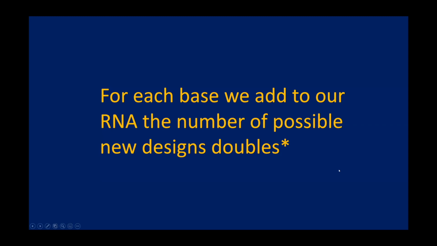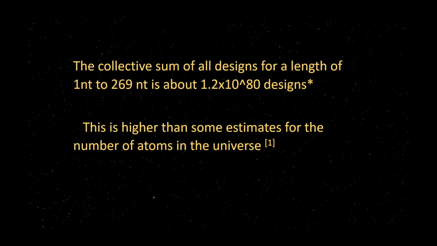And if we continue this, making our RNA longer and longer, by the time we get to 269 nucleotides, there's 1.2 times 10 to the 80 possible designs. This being higher, in fact, than many of the estimates for the number of atoms in the universe.